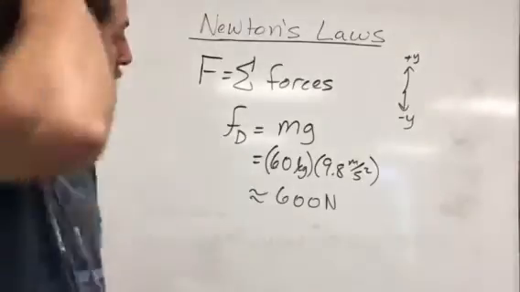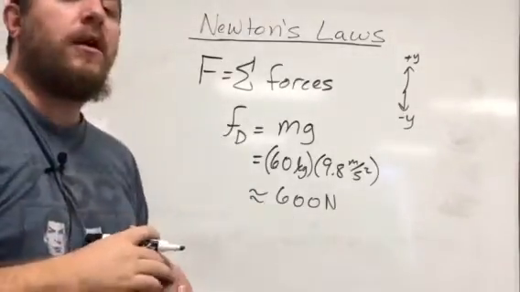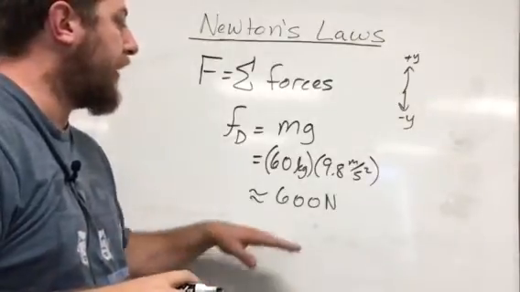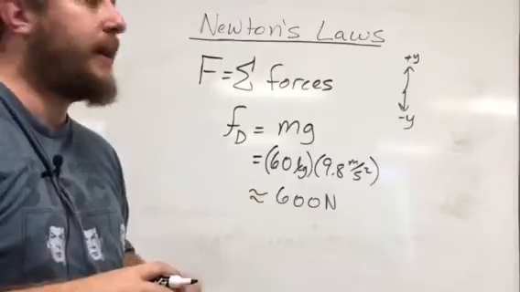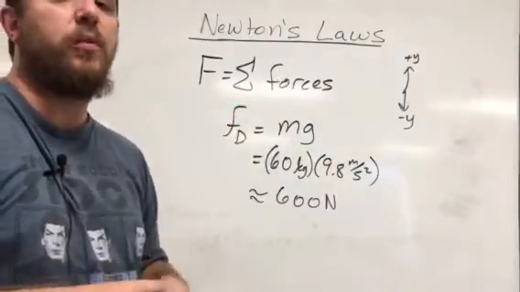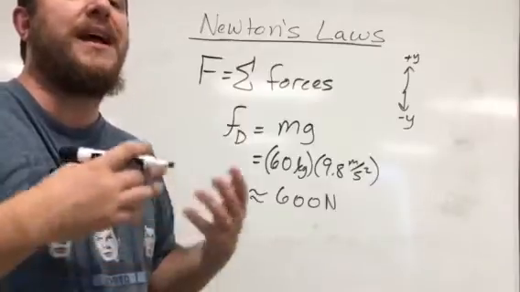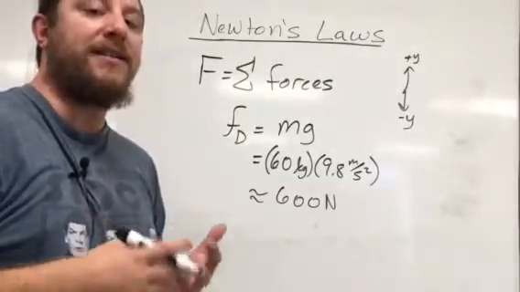All right, I'll pause right there for a quick second. Again, we know how to calculate this value because we knew what the sum of the forces was. In this case, the sum of the forces had to be 0 because the object was not accelerating.